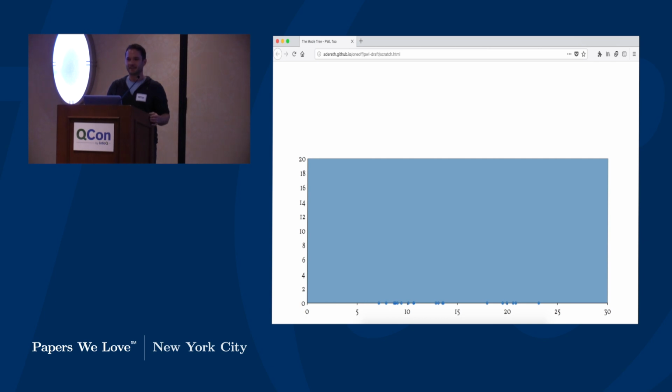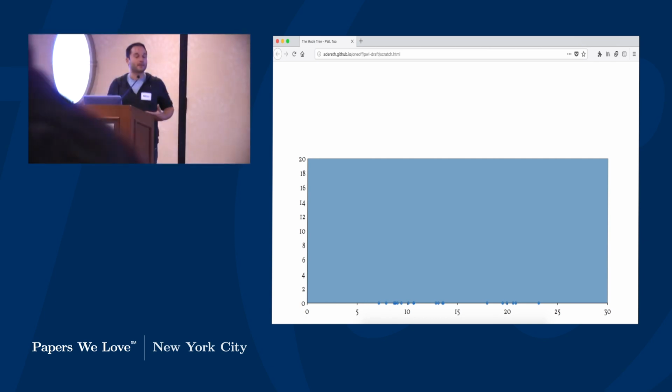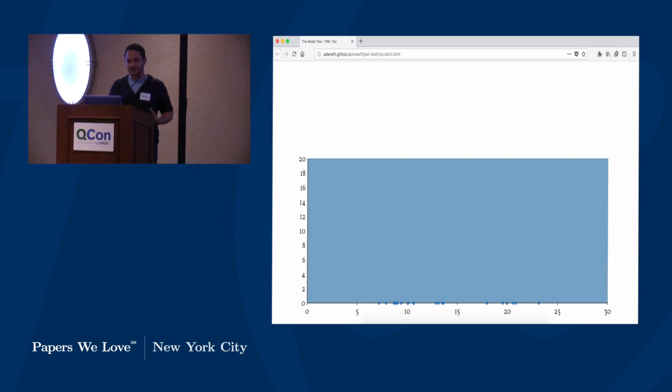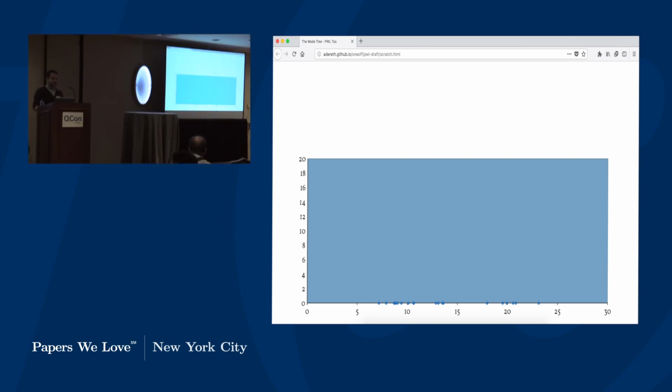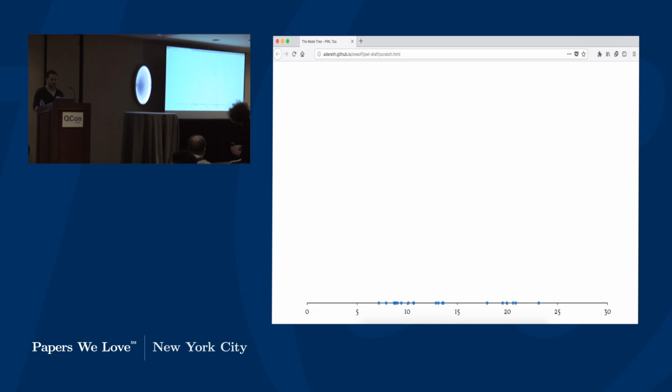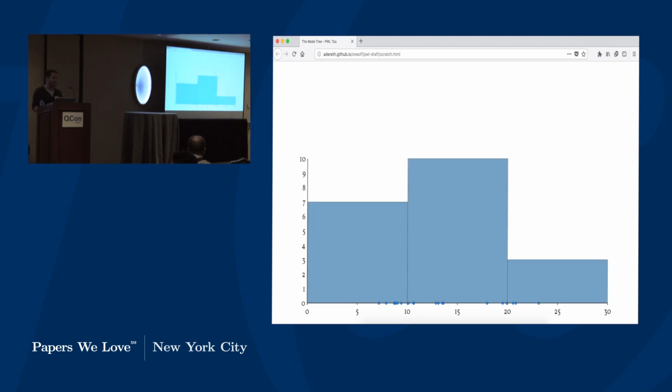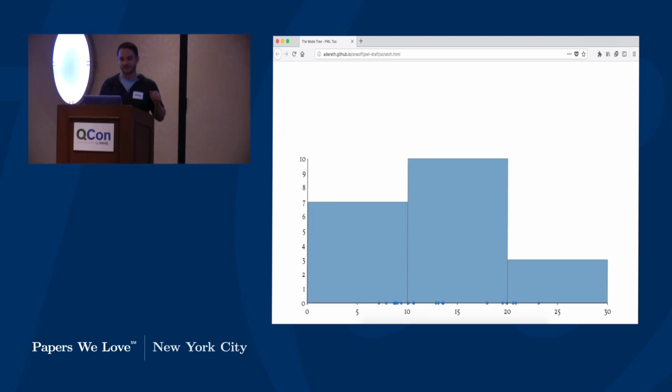I picked too big of a bucket size, and the bucket size is one of the parameters that we choose when we're visualizing our data. Let's use a smaller bucket size. Here we're using a bucket size of 10, and we get this visual of our data. This seems interesting. Most of our data is in the middle, centered around 15. But I made two choices here.